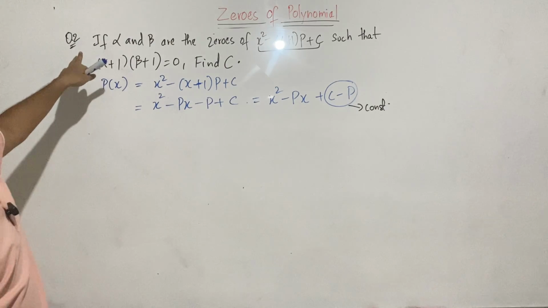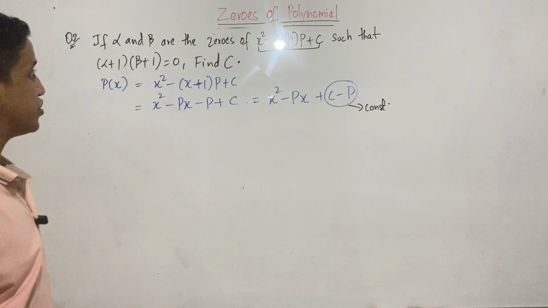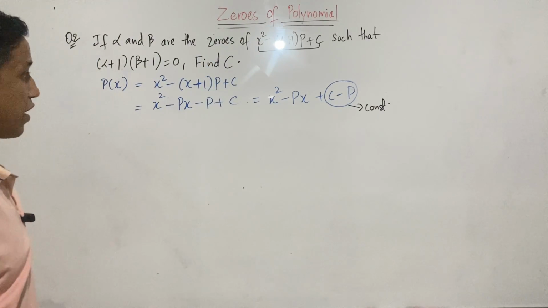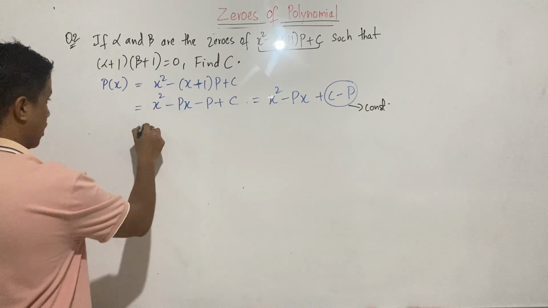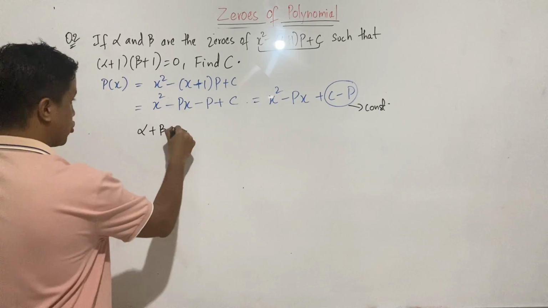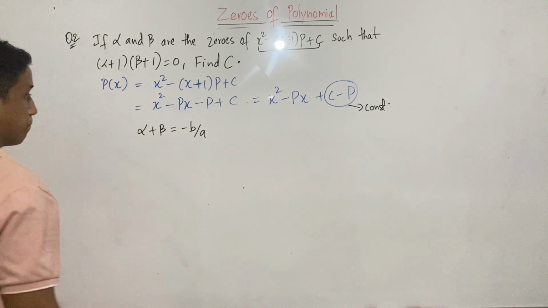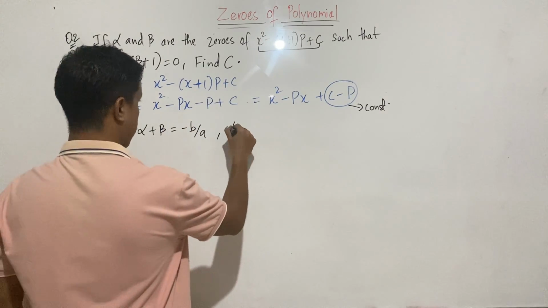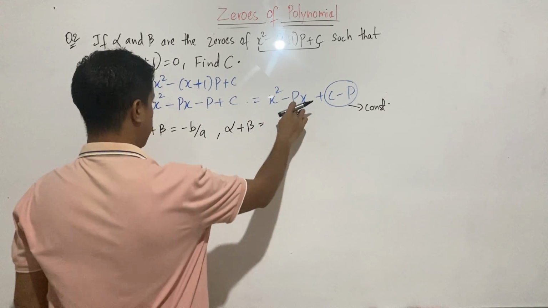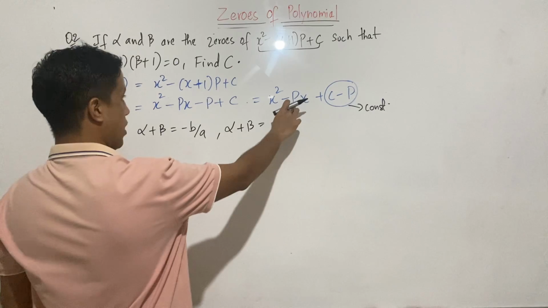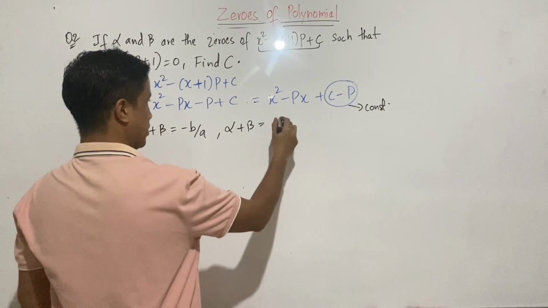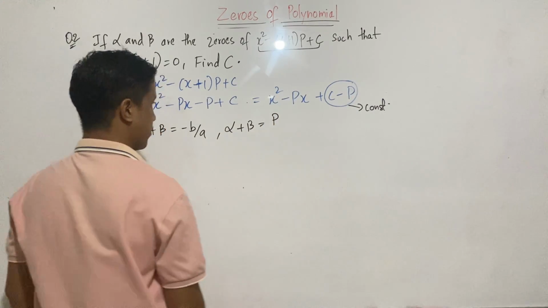Now see here, alpha and beta are the zeros of this equation, which means alpha plus beta should be minus b by a. So alpha plus beta will be, what is b? B is minus p, so it will be p, right?